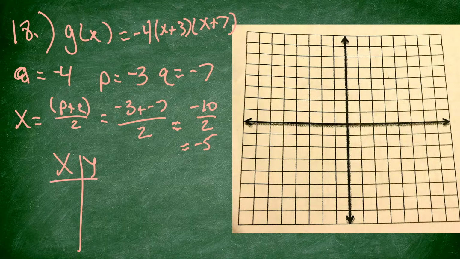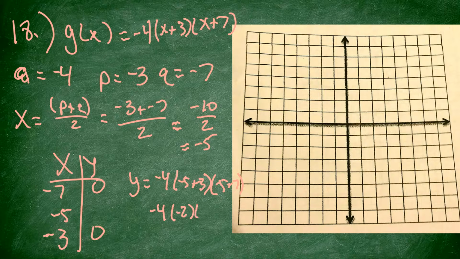That's my XY chart. Put -5 in the middle, -7 at the end, -3, 0, 0, and I got to plug in -5. I have -4 times -5 plus 3, -5 plus 7. I get -4 times -2 times 2, so I get positive 16.